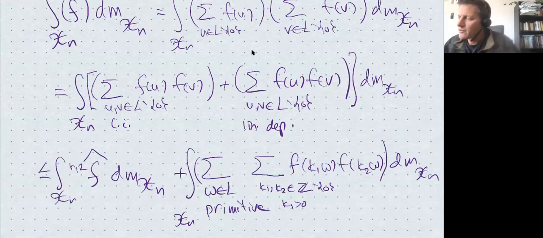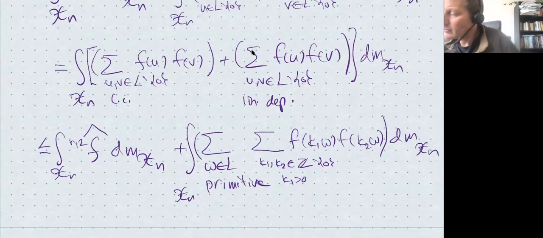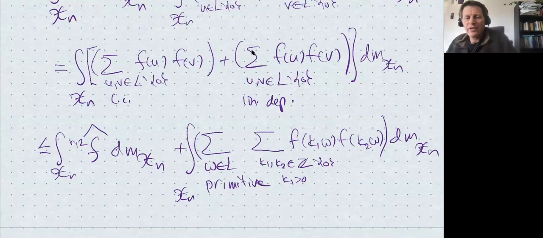Okay. So again, what have I done? I'm interested in the case where I have two lattice vectors and they're linearly dependent. Two non-zero vectors being linearly dependent means that they're on the same line, and they belong to the lattice. So that means that there's a primitive vector on that line and both of them are products of that primitive vector.